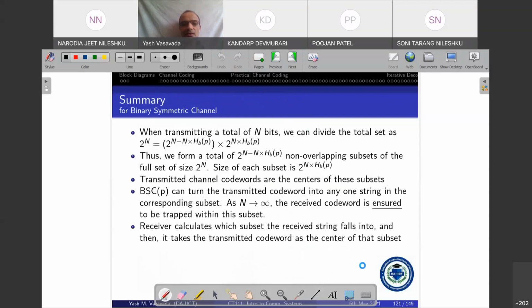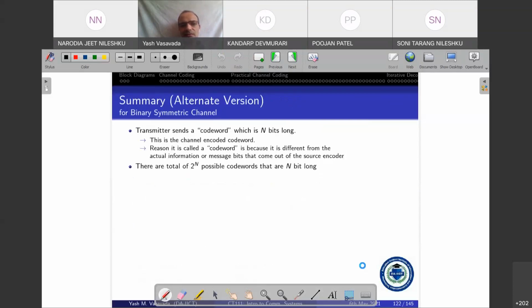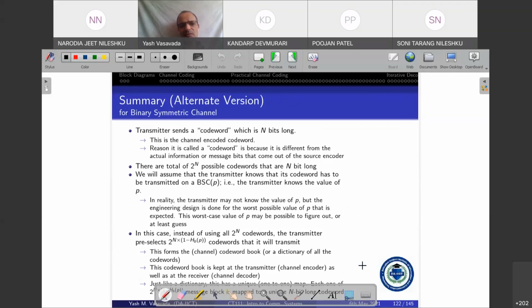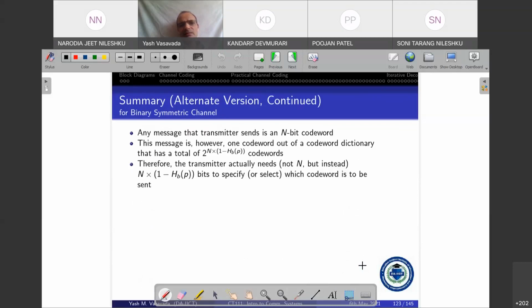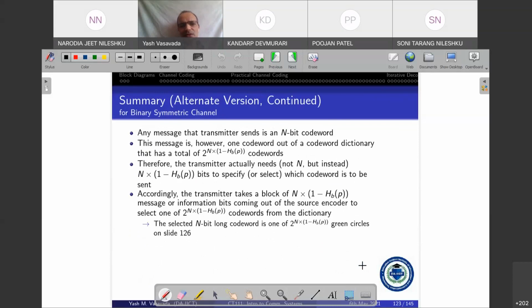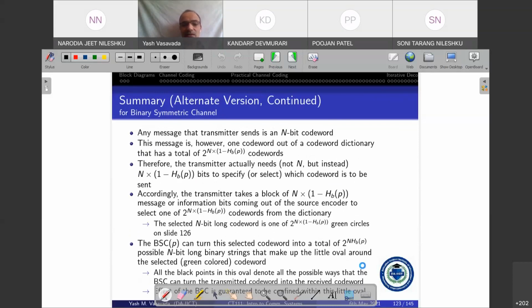So let's not go over the slides. If you wish, you can read about this detailed explanation on your own. It actually says the same thing which I said just now.